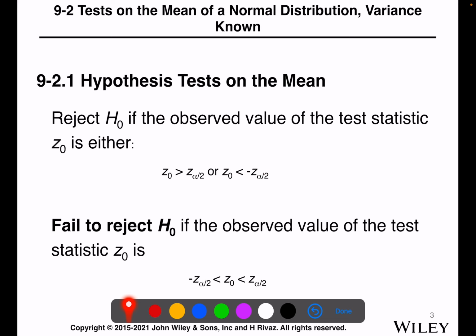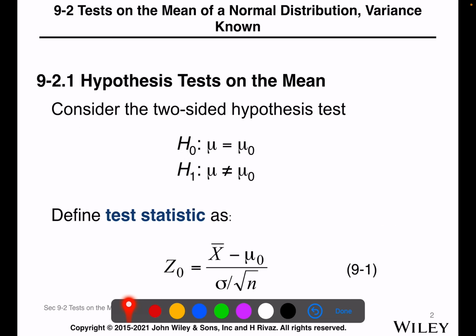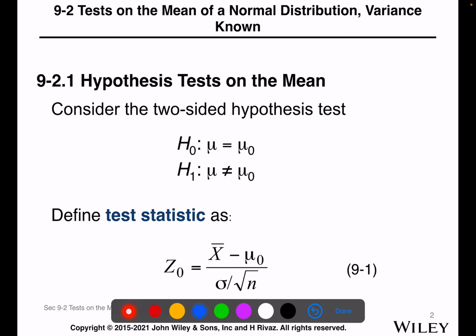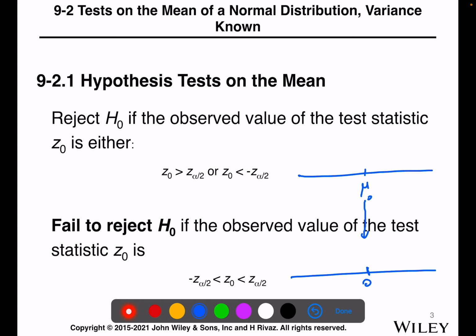So after we calculate Z, this is our mu 0, and we have converted this to the standard case, so the mu becomes 0, because if you remember here from the previous slide, we subtract mu 0. So our mu 0 essentially becomes 0.